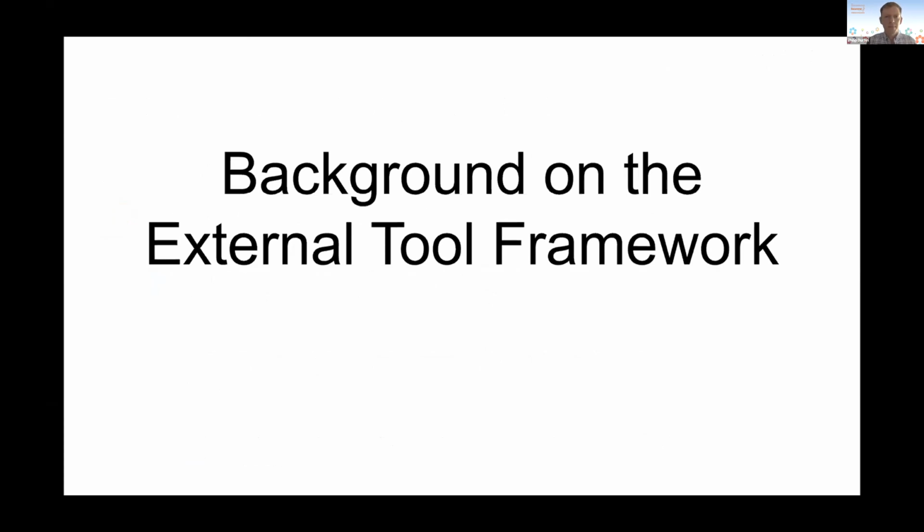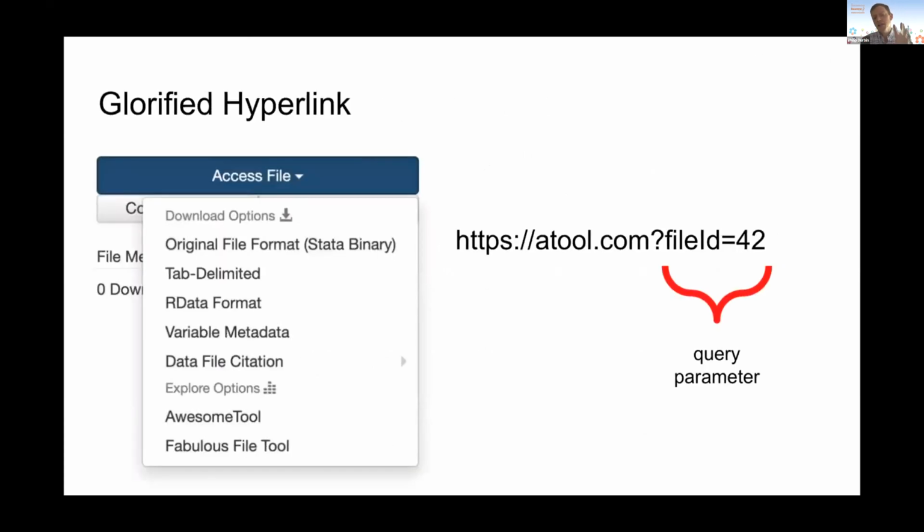So let's dive in. The screenshot you see on the left is a screenshot of the new interface that's coming with Dataverse 5. And you'll see that we've reorganized things a little bit. You may be used to seeing an Explore button, for example. And now what we have is Access File.